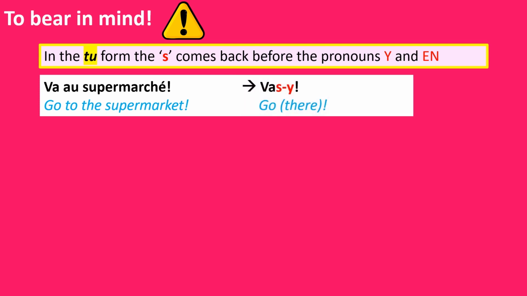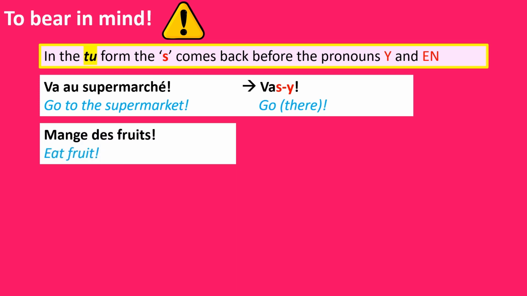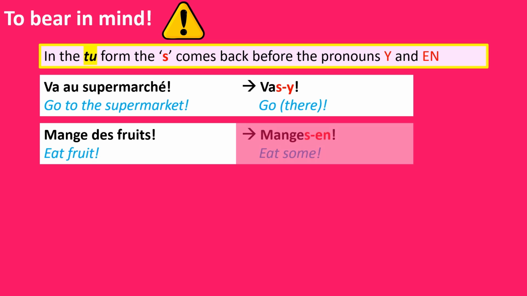But if I say vas-y, I then put the s back. If I say mange des fruits, again the imperative, it's a command and advice. If I say eat some, I'm going to say mange-en. So the s comes back.